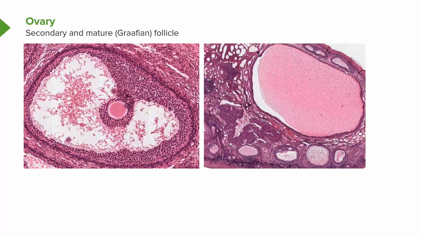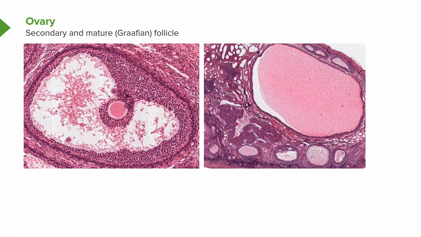Now on the left-hand side, the large mature follicle has gone from a secondary perhaps to the large follicular stage. You can see it's accumulated fluid in that space. It's called the antrum space, and the antrum actually pushes all the granulosa cells out into the periphery.